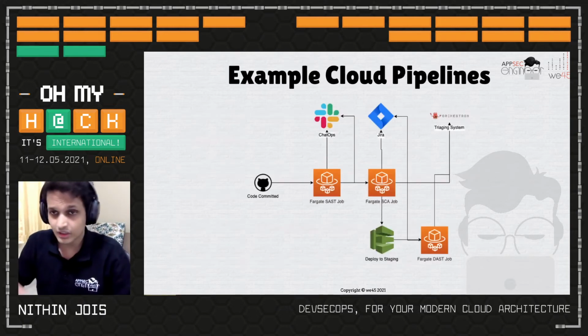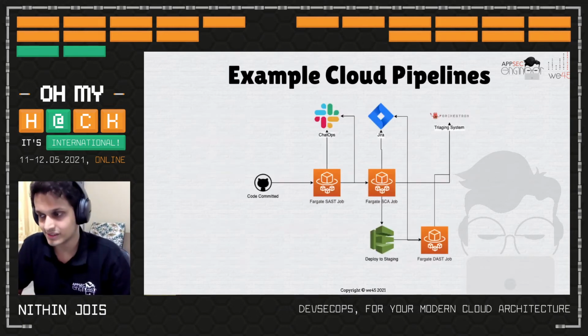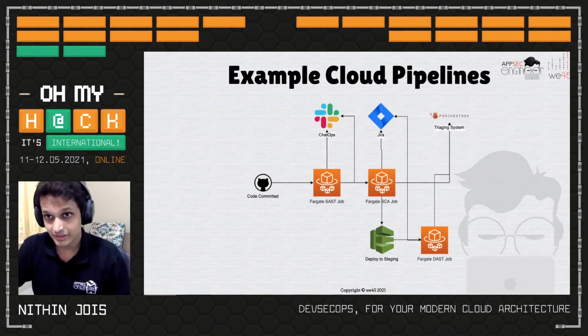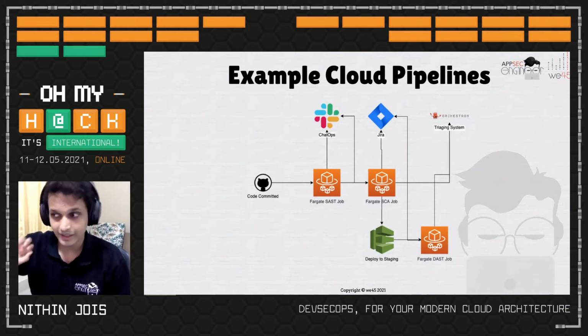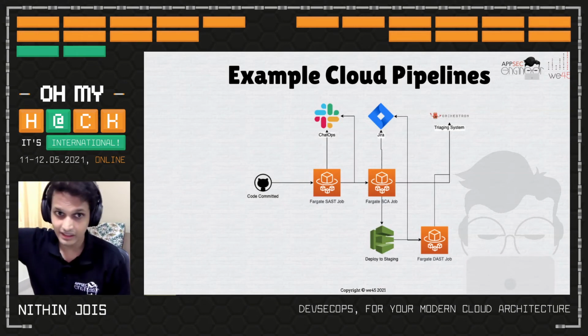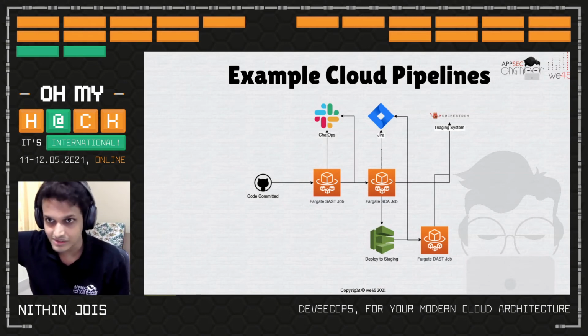So this is something that we are going to be looking at very quickly. The idea is, as soon as there is a commit to something like GitHub, there's going to be a webhook which triggers a SAST scan, and the result can be pushed into something like Slack. Once the SAST scan is complete, it can trigger a source composition analysis scan that can again be pushed into something like Jira or Slack.